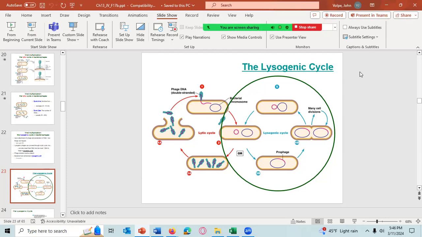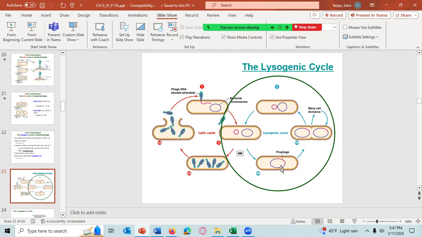All right, any questions about that part of the movie? So to enter the lysogenic life cycle, the genome of the virus integrates into the host cell's chromosome. This we call a prophage, where the viral genome is a part of the host cell's DNA.